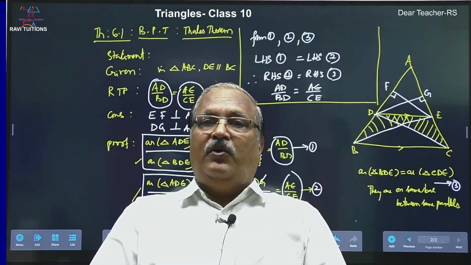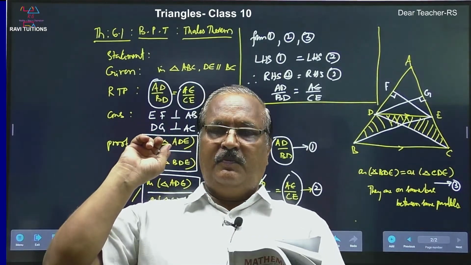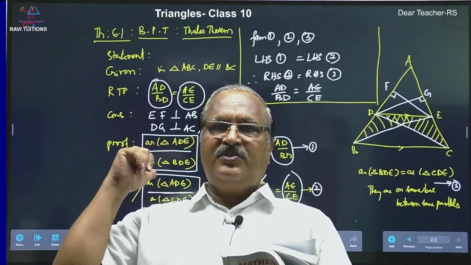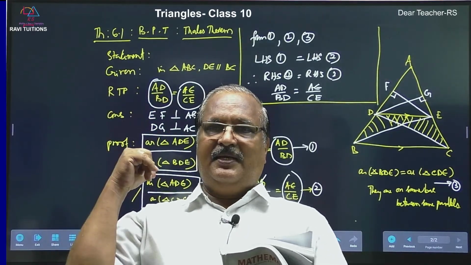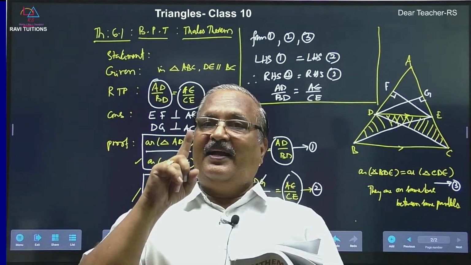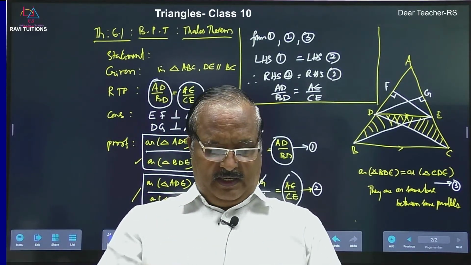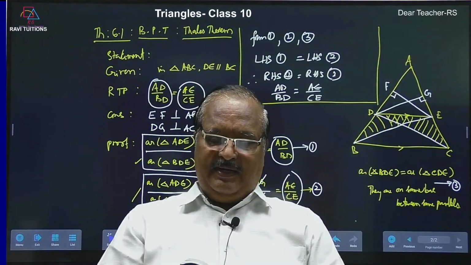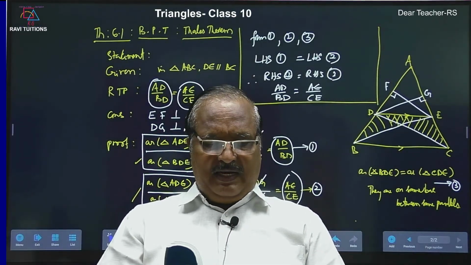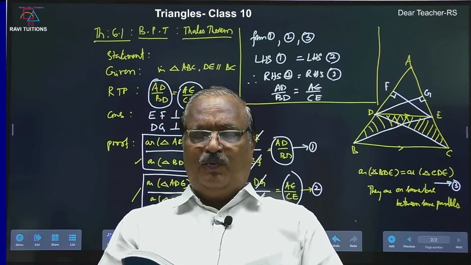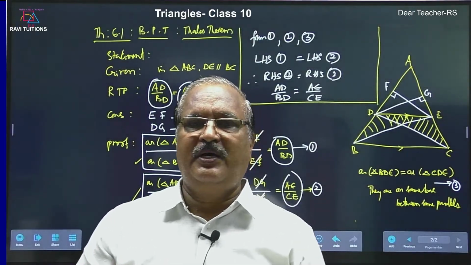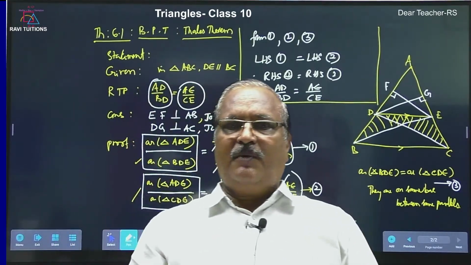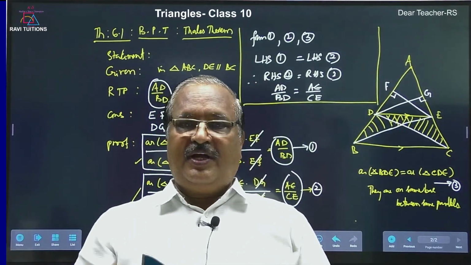Only two theorems are important, this theorem and the converse of this theorem, and some problems based on this theorem are important. In 6.3, direct applications of similar triangles, very few problems are there. I'll give you important questions tomorrow. Today I'll stop this triangles chapter.